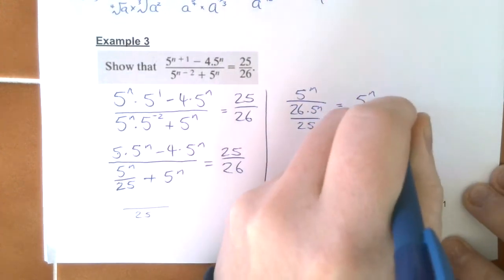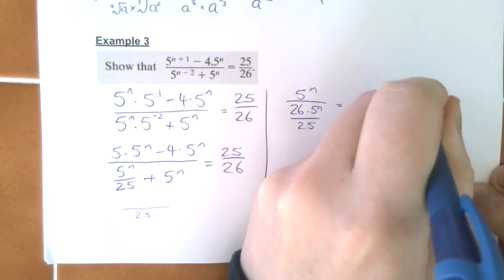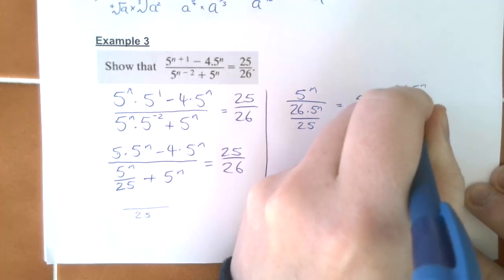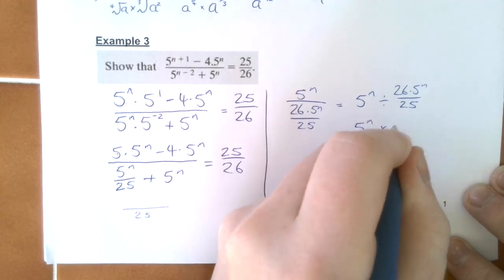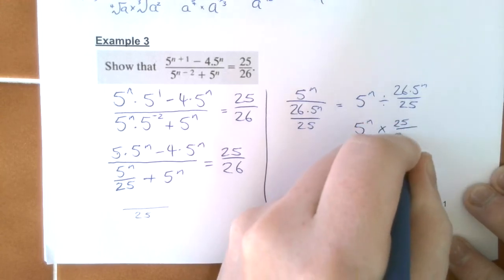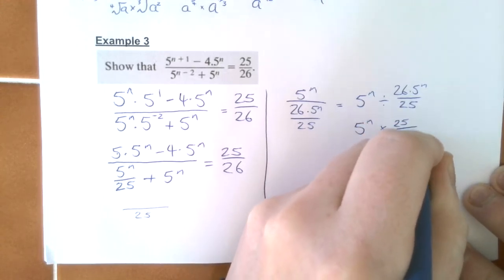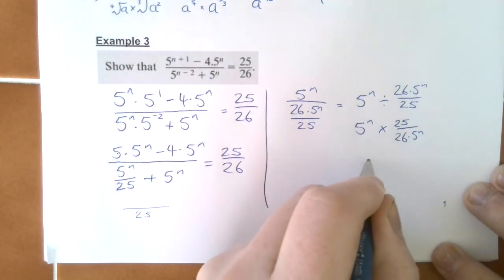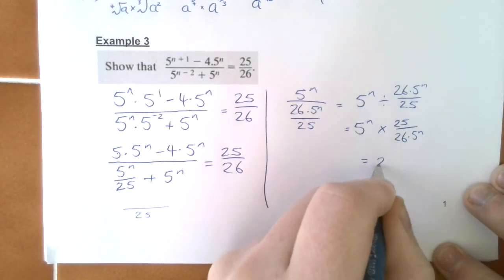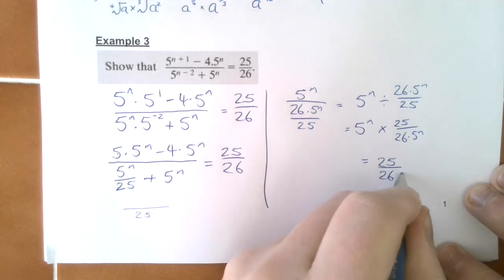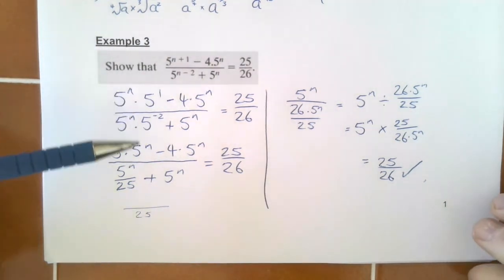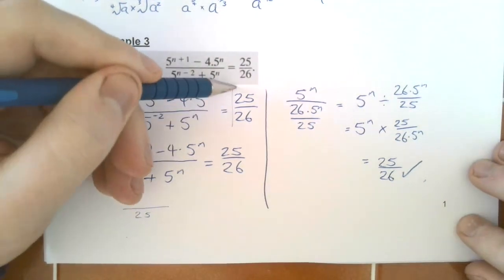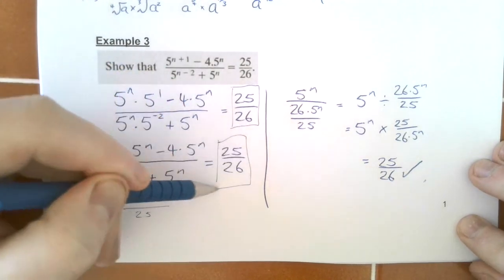So we know that that divided by 26, 5 to the power of n, over 25, we flip the second fraction and we multiply. So it's going to be 25 over 26 by 5 to the power of n over 5 to the power of n, and then that is equal to 25 over 26, which we had to show originally. Now again, that one there is a very difficult example. You have to go through a considerable number of steps to be able to show that the full thing is equal to this part on the right hand side.